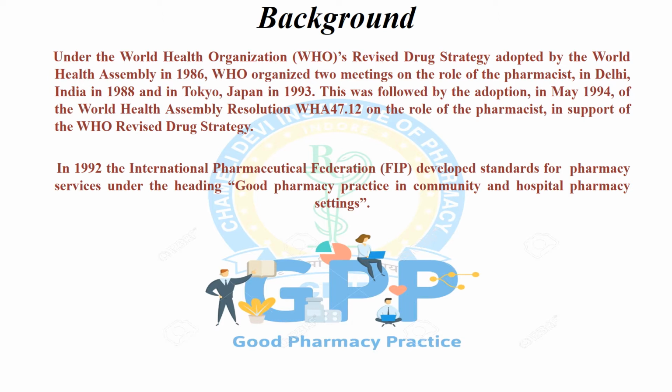This was followed by the adoption in May 1994 of World Health Assembly Resolution WHA 47.12 on the role of the pharmacist in support of the WHO revised drug strategy. In 1992, the International Pharmaceutical Federation, FIP, developed standards for pharmacy services under the heading Good Pharmacy Practice in Community and Hospital Pharmacy Settings.